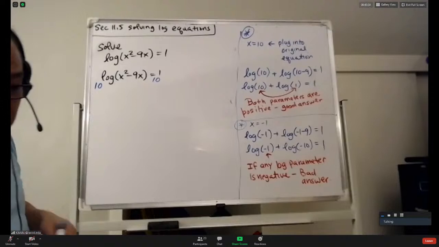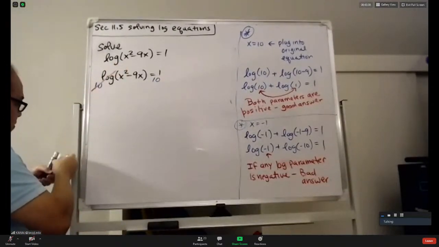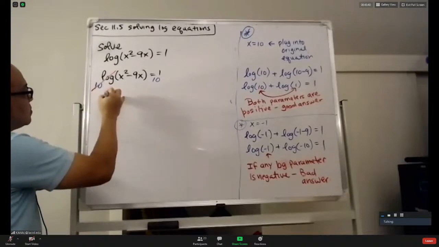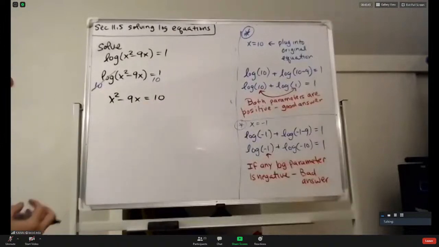That'll make this go away. Okay, now come on, finish this up. Bring the 10 to the other side and then factor both sides.